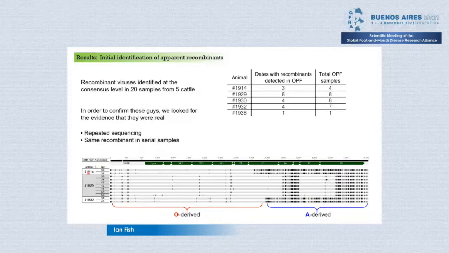So for example, the first 2 sequences in this alignment are from animal 1914 on days 35 and 38. And from 5' through about here in 2C, they look like the O parent virus. And then from early in 2C through the end of the virus, 3', they look just like their A parent.